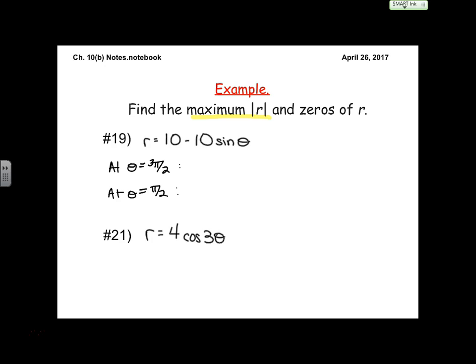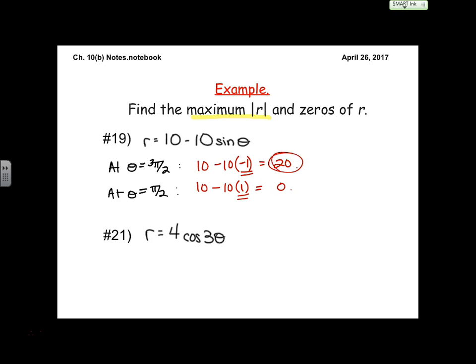So we're going to test 10 minus 10 times negative 1, and 10 minus 10 times positive 1. The top one, 10 times negative 1, is negative 10, but since I'm subtracting, that ends up being 20. The bottom one ends up being 0. Even though the top one is when sine is negative 1 and the bottom one is when sine is positive 1, the top one ends up maximizing the function.